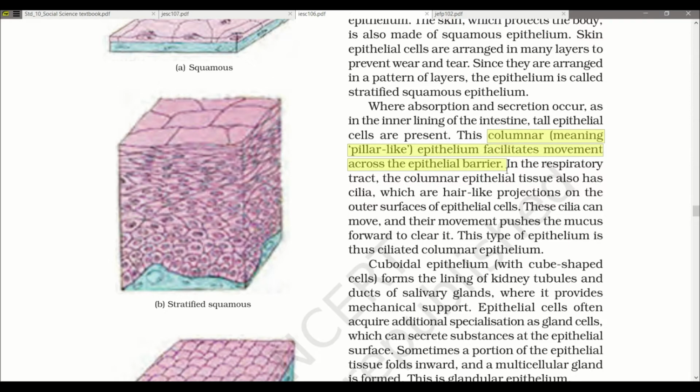In the respiratory tract, the columnar epithelial tissue also has cilia, which are hair-like projections on the outer surface of epithelial cells. These cilia can move, and their movement pushes the mucus forward to clear it.